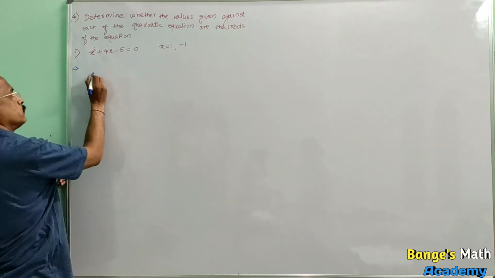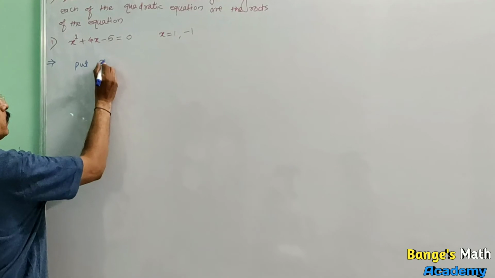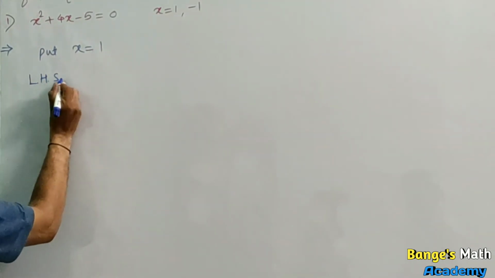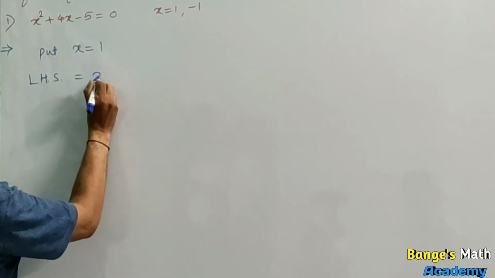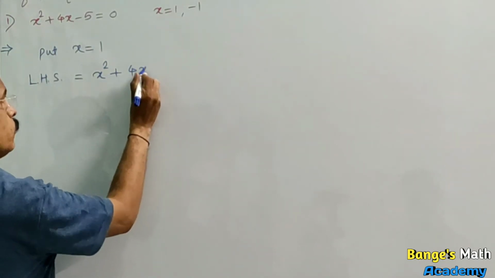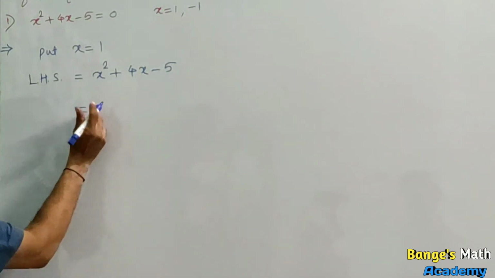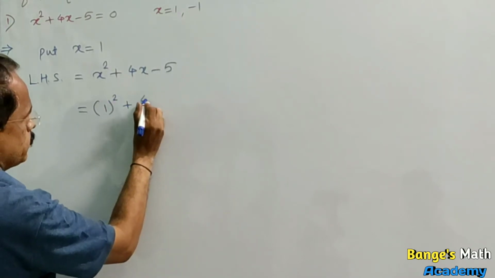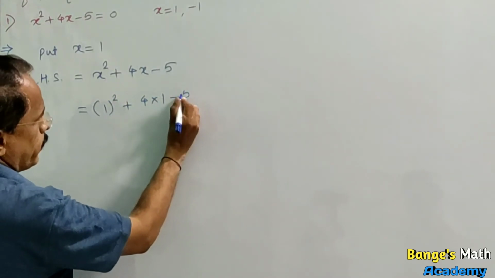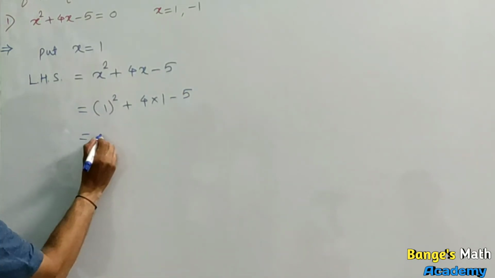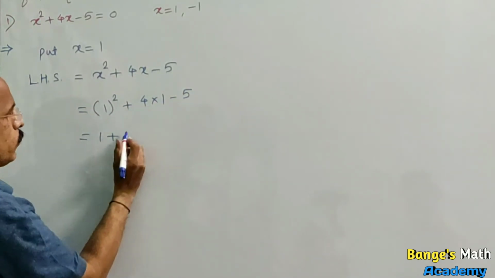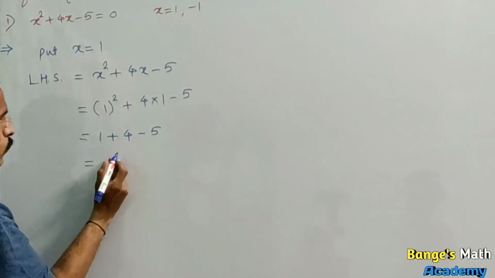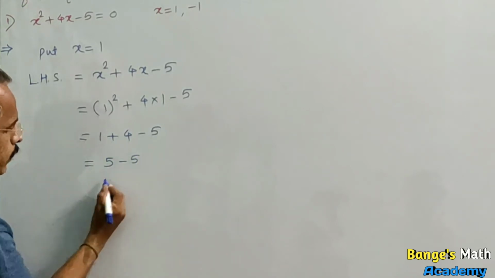So consider LHS. Put x is equal to 1. LHS, meaning left hand side, is x square plus 4x minus 5. Put the value of x as 1: 1 square plus 4 into 1 minus 5 is equal to 1 plus 4 minus 5, which is 1 plus 4, 5, minus 5.